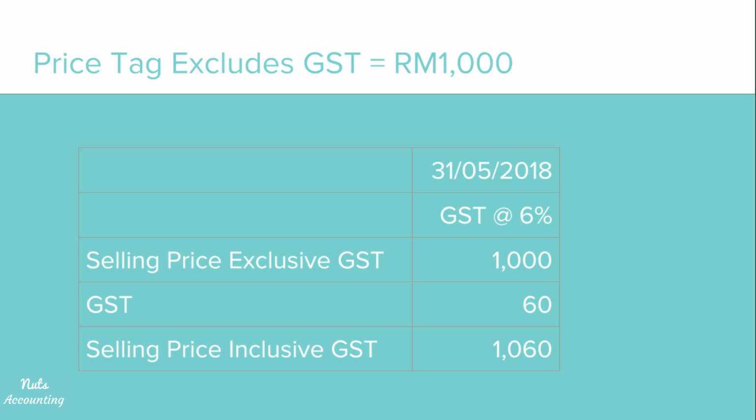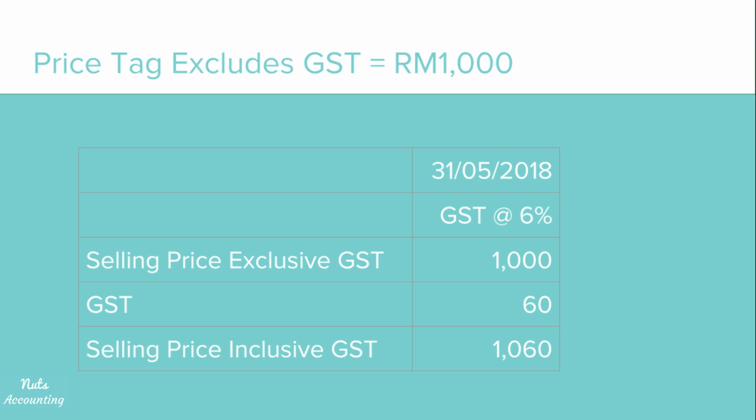Okay, let's look at this situation. Up to 31st of May, how you calculate your sales and your GST would be: the selling price exclusive of GST, which is 1,000 ringgit, and then you calculate 6% on top of the 1,000 ringgit, which is 60 ringgit, and your selling price inclusive of GST is 1,060 ringgit.